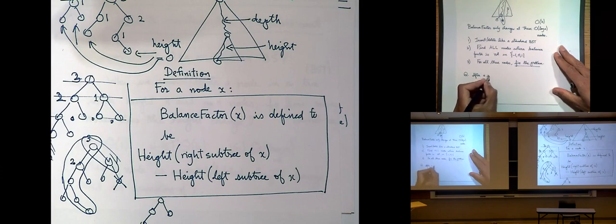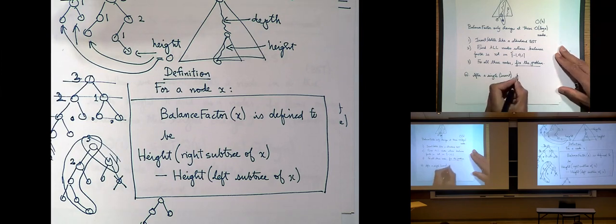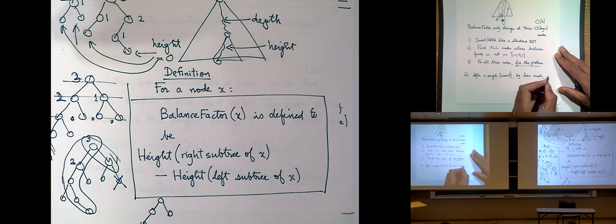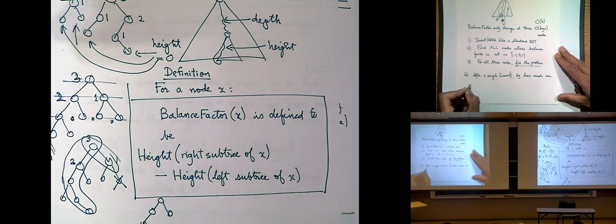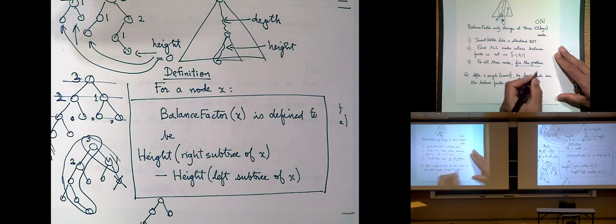After a single insert, by how much can the balance factor change at a node? I'm asking, what is the worst case? The maximum possible.